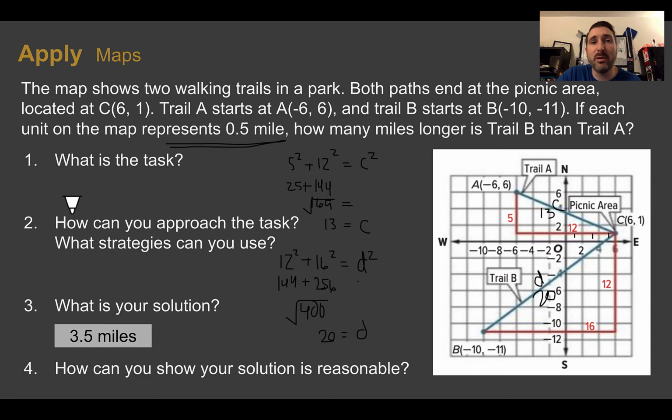That would be bad if we came up with the fact that trail A was longer than trail B. Maybe we could take this and somehow swing it down and realize that it would come to about there. We can see it's just a little bit farther. 3.5 is not too much. So there are different visual strategies we can use, along with some other things that you might have come up with.